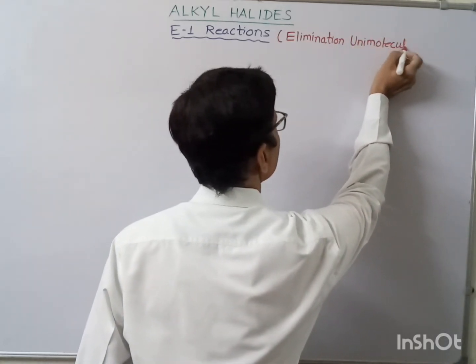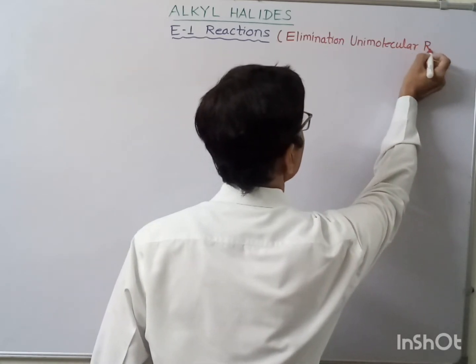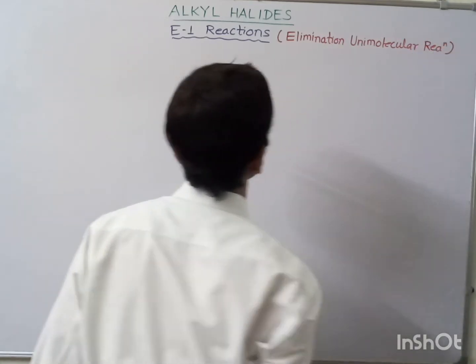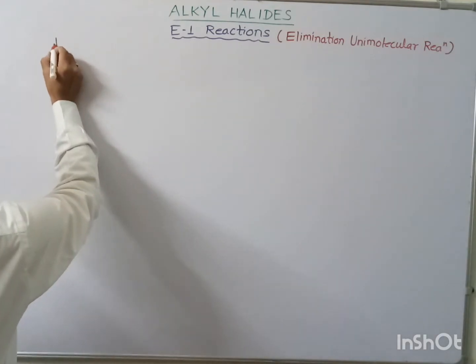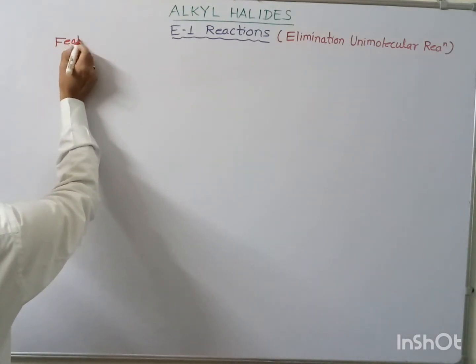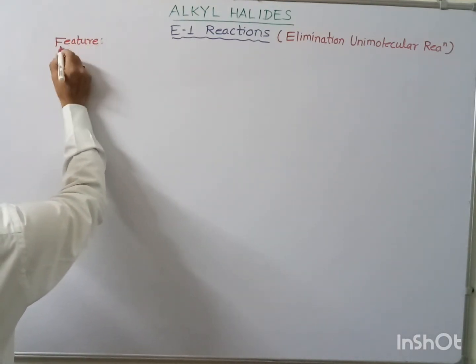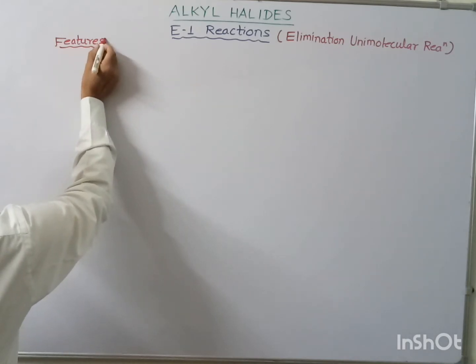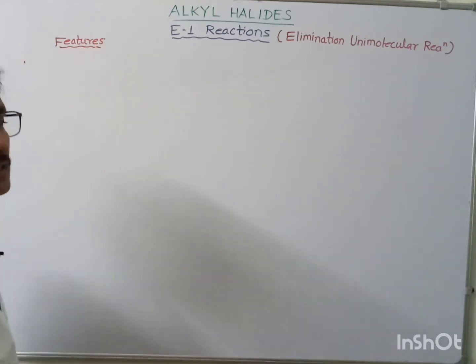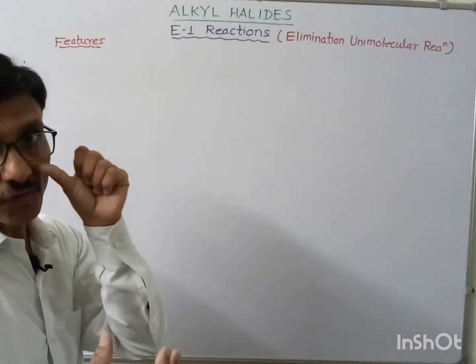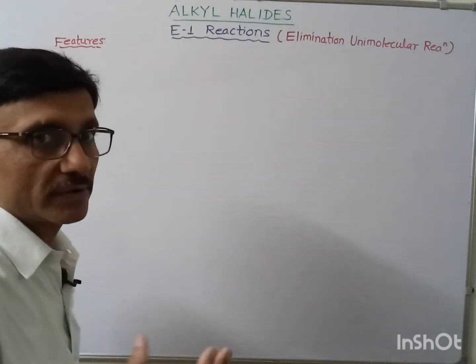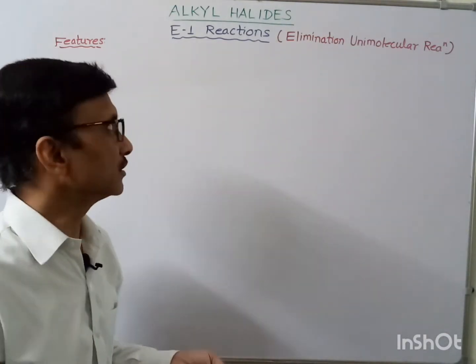So what are the main features of this reaction? So main features, so one of this feature that like that of this SN1 reaction. So SN1 reaction, these are the two-step reaction.